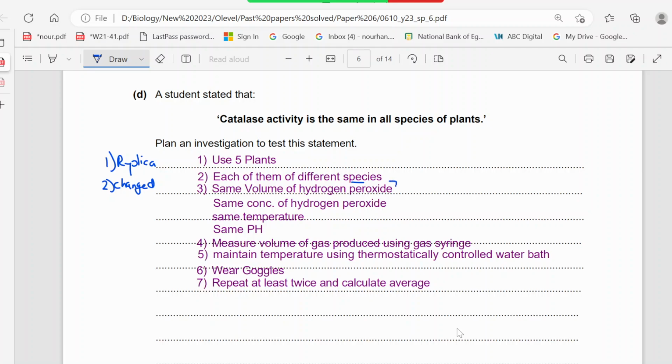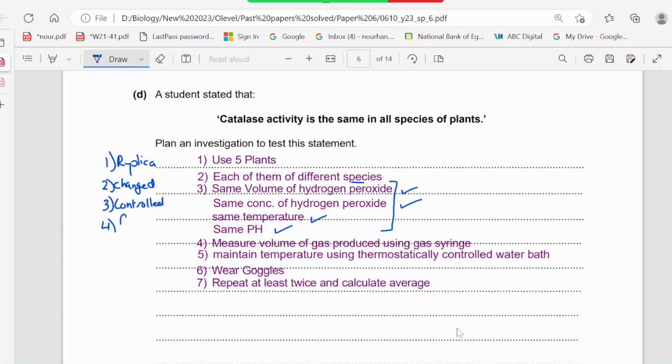All the other variables should be the same. أي حاجة, anything else that affects the enzyme activity should be the same. Same volume of hydrogen peroxide, same concentration of hydrogen peroxide, same temperature, same pH. Okay, يبقى number 3 controlled أو fixed variables.